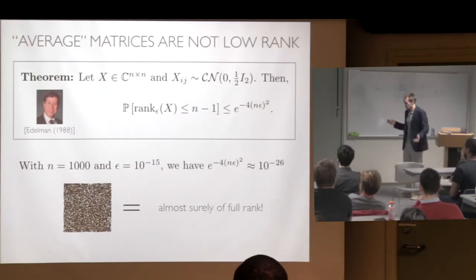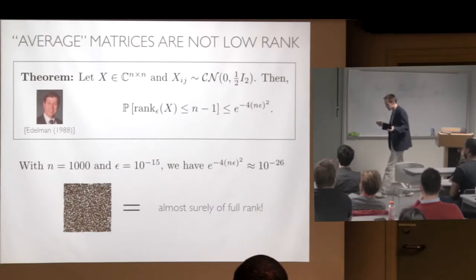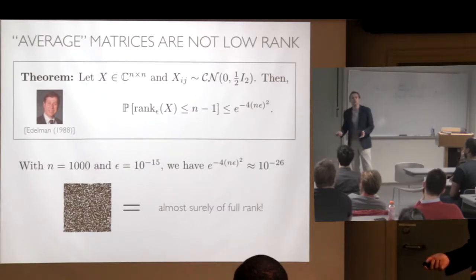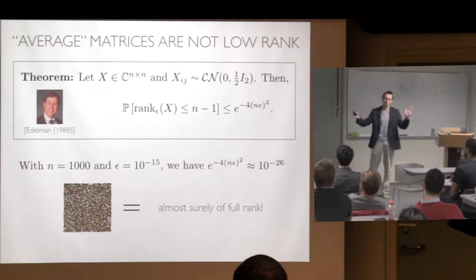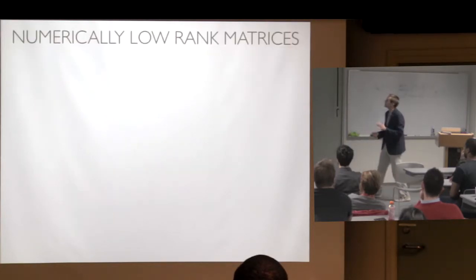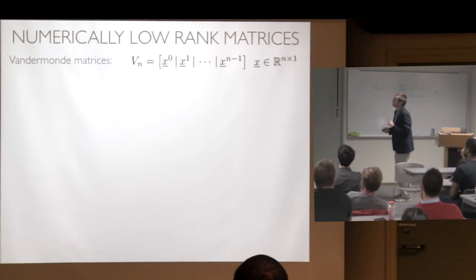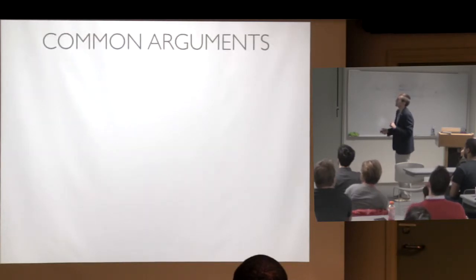So after my D.Phil defense, I started asking people why they think matrices are low rank. And I got a whole spray of answers. So I thought I would summarize them.